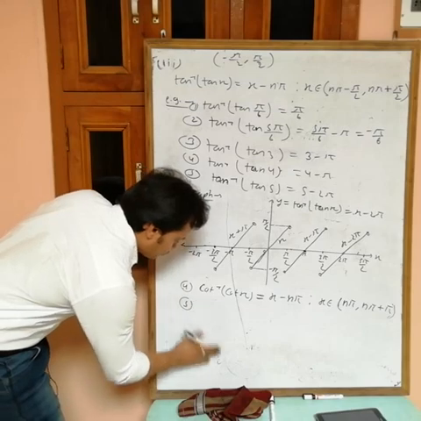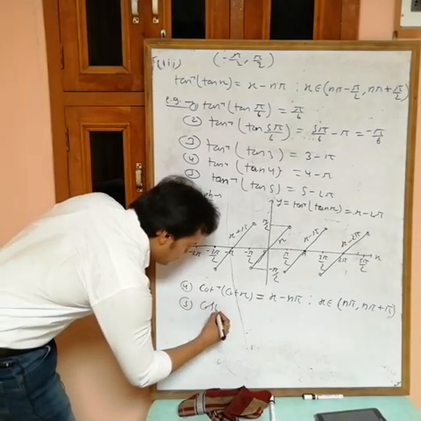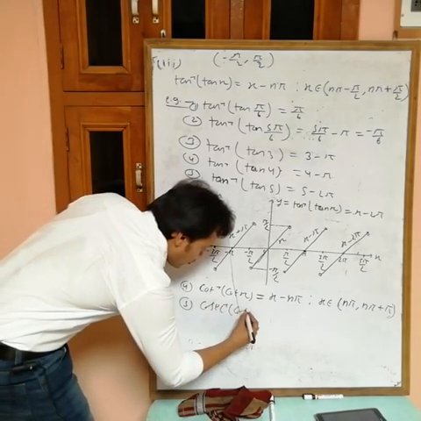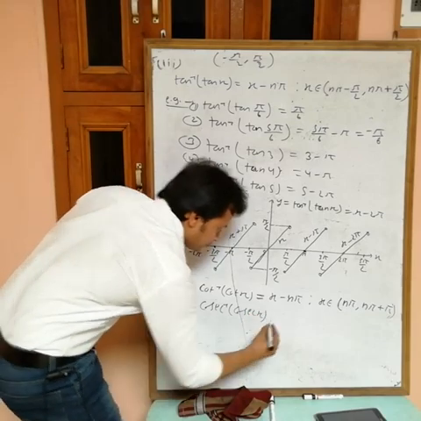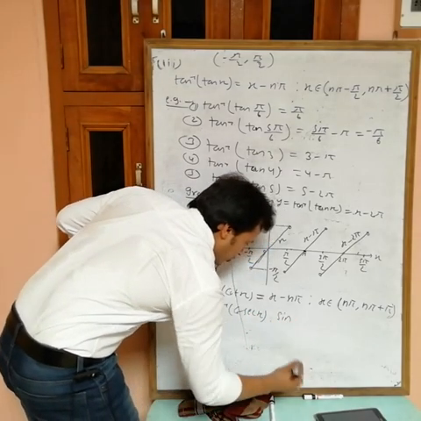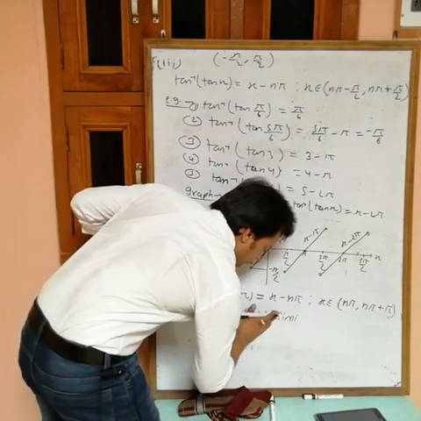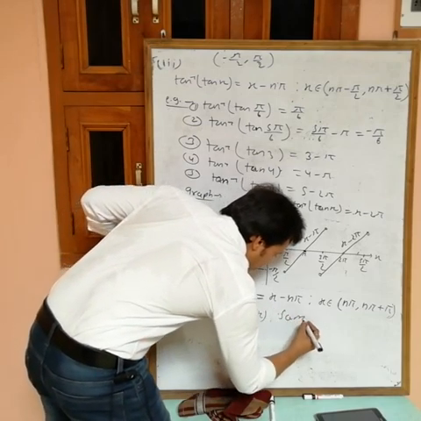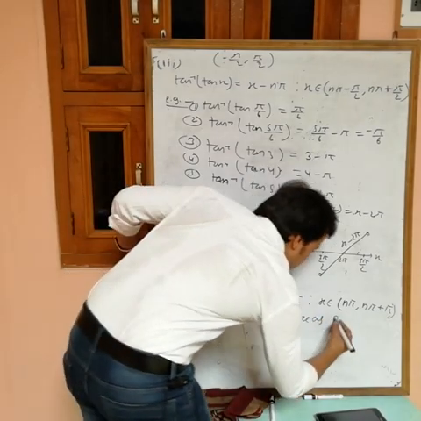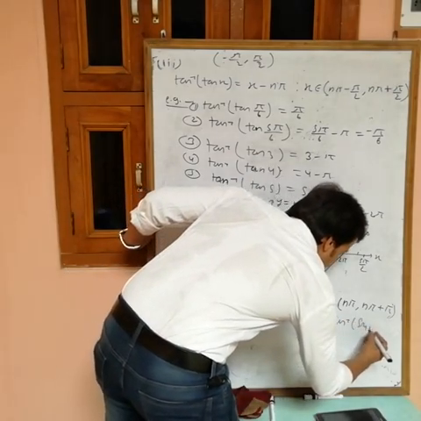Fifth one, cosec inverse of cosec x. For this one, just remember only one thing, that it is similar, same as sin inverse of sin x.